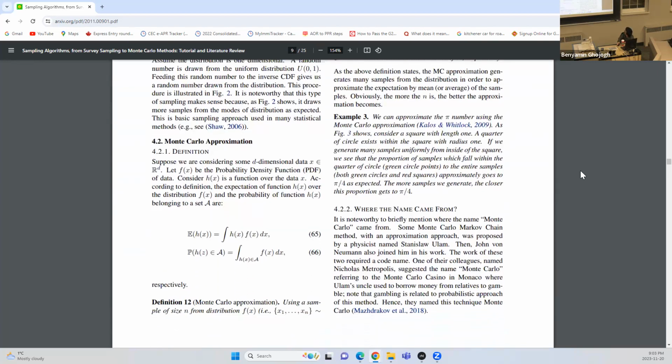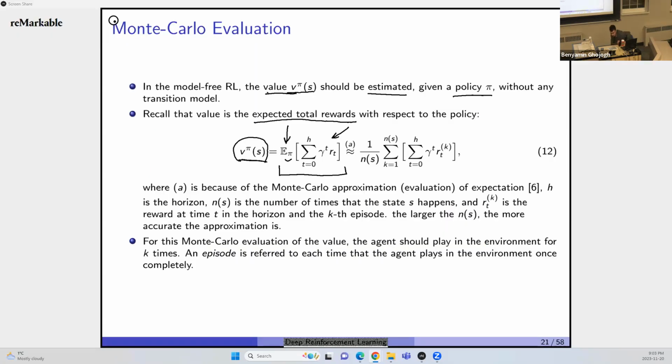Monte Carlo approximation. It's this. Okay, this is for the continuous form, but here we say it for the discrete form. Let me tell you what it means.